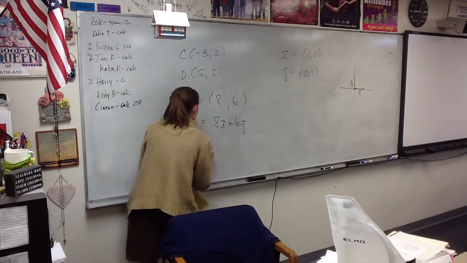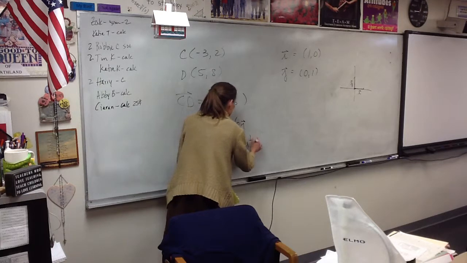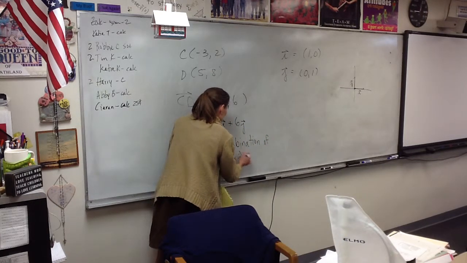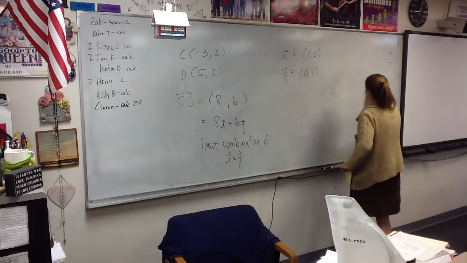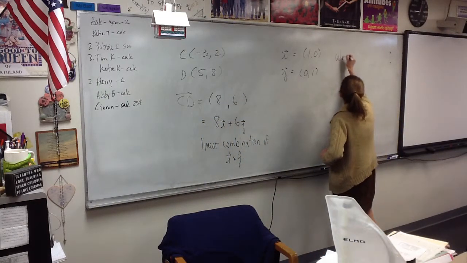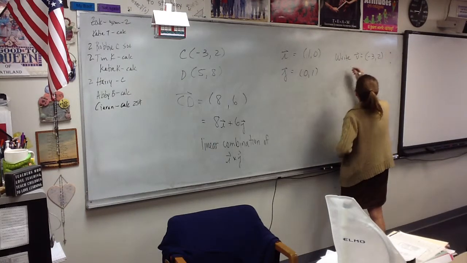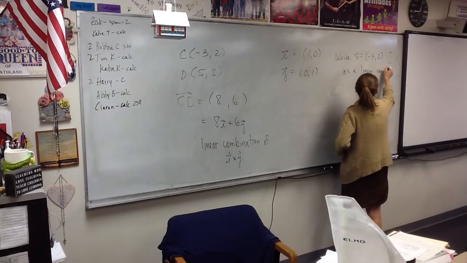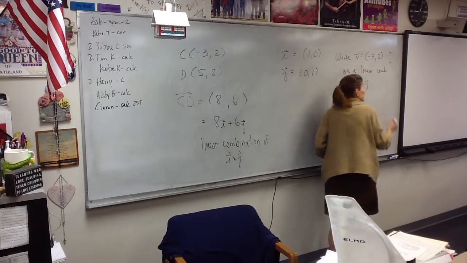This would be called a linear combination of I and J. So a question might read, write -3, 2 as a linear combination of I and J. That is easy.